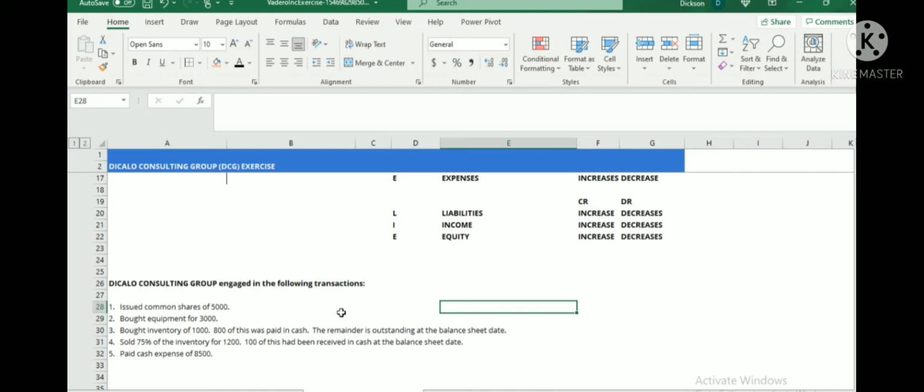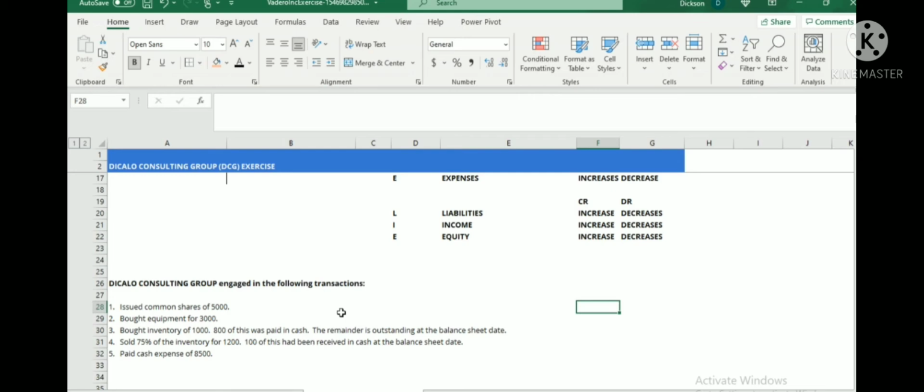Ordinary shares. Now, since the owners have issued ordinary shares to themselves, they need to pay through cash. Because you understand that we have the business entity concept, which states that the affairs of the business must be treated separate from the affairs of the owner.